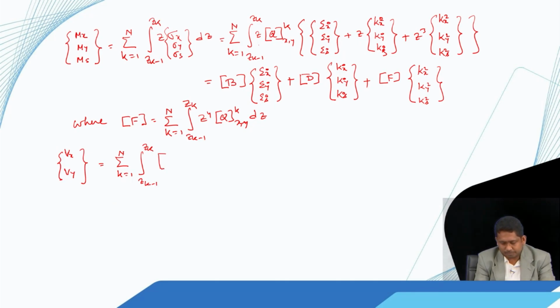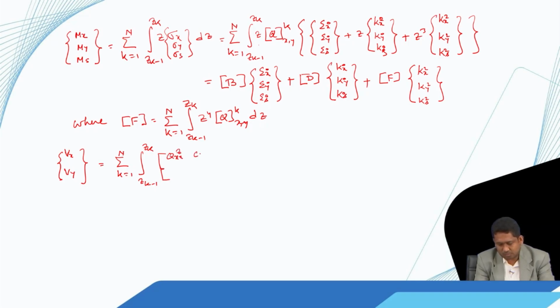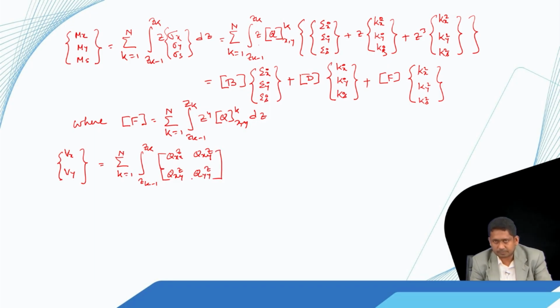So, we have here the q matrix in the xy system corresponding to the transverse direction, which we have defined before while discussing the first order shear deformation. The same Q matrix is here, but we multiply with two vectors.